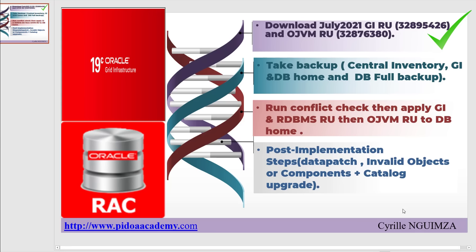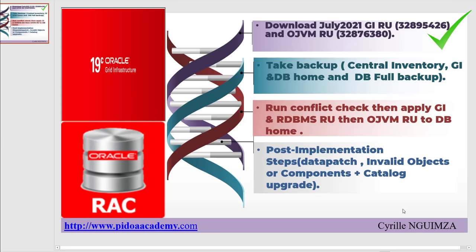Coming to today's point, I'm going to discuss with you the July 2021 patches in the RAC environment. Today's session will be divided into four parts. The first part will be the download of July 2021 grid infrastructure and release update patches, and the second part will be the backup of the central inventory.